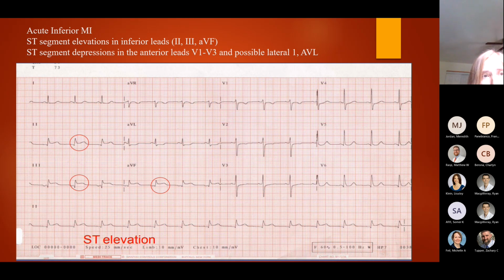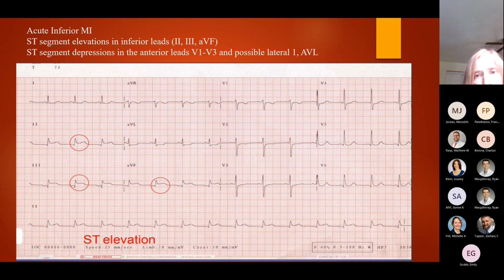So let's look at an EKG with acute inferior MI. For the inferior wall, you should expect elevation in 2, 3, and aVF, and you see these elevations here. Then you're looking for reciprocal changes, and reciprocal changes would be in the anterior lateral wall. So you look at V1, some depressions here, depressions here, depressions here.